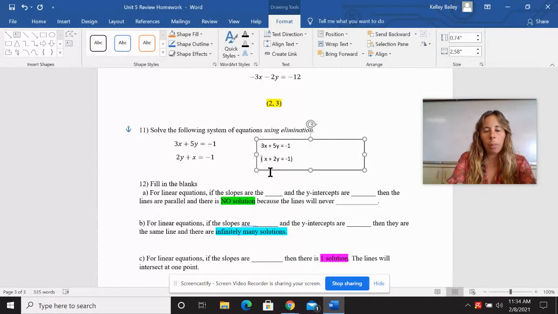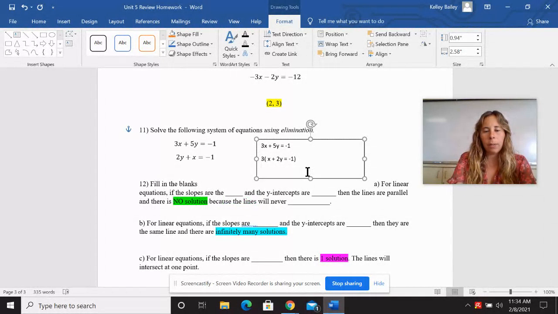Multiply it all by 3. Okay, so that will give you 3 times x is 3x, 3 times 2y is 6y, and 3 times -1 is -3. So that's your new equation.